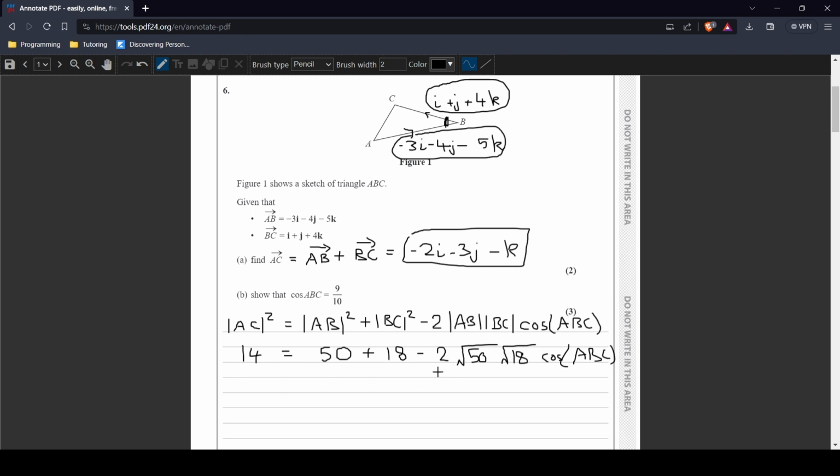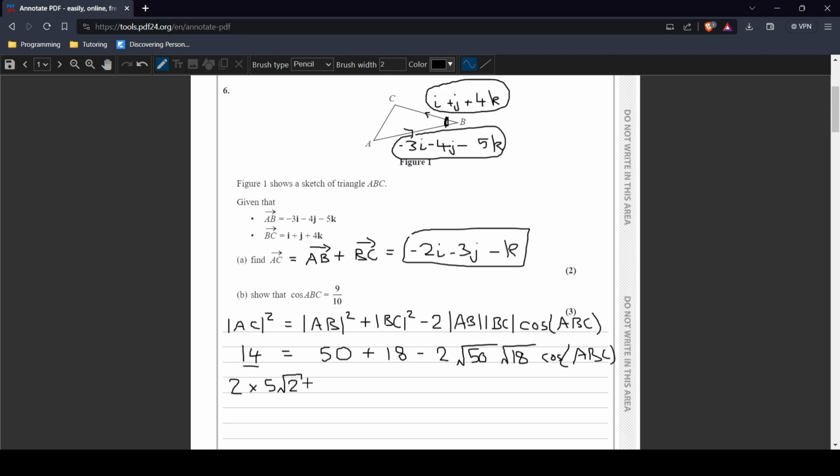Now just rearranging this, so bringing the cos onto the left and bringing the 14 over to the right, we'll end up with 2 root 50, we can write as root 25 times root 2, so that will be 5 root 2.